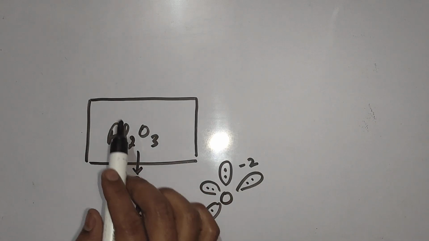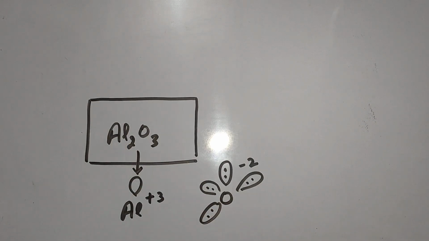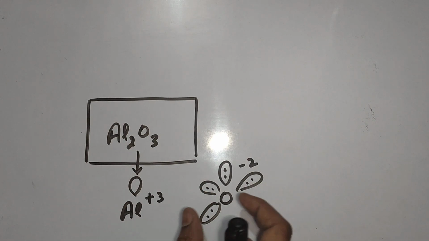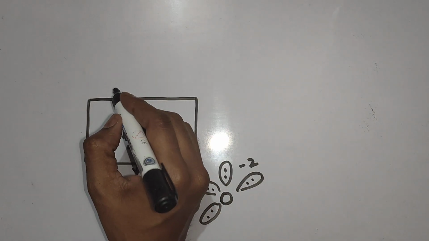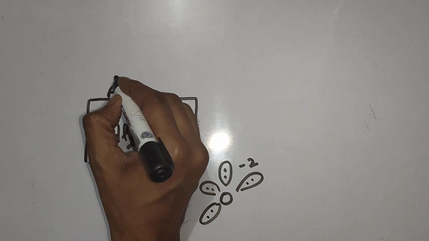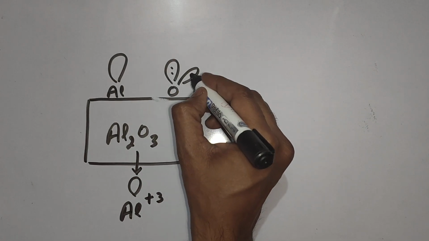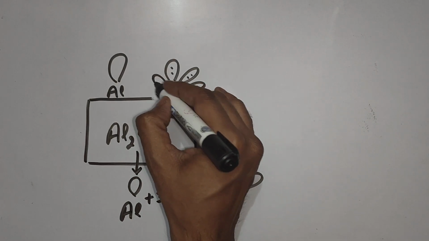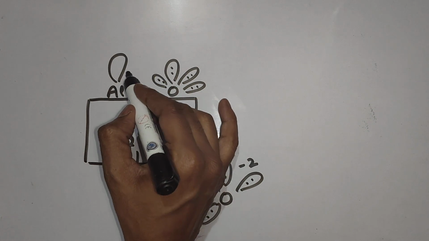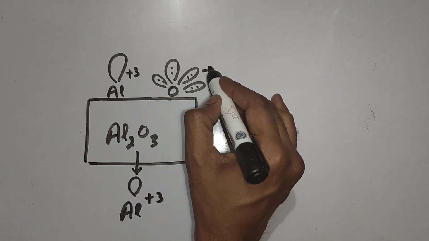Now, as this is the surface of Al2O3, obviously these aluminium and oxides are available on the surface. So here I have drawn aluminium and here oxide.